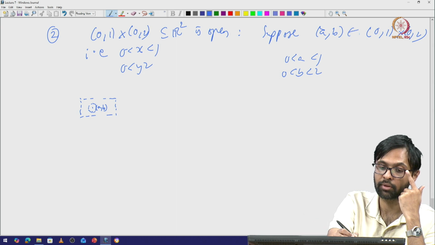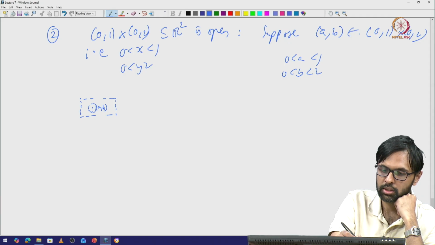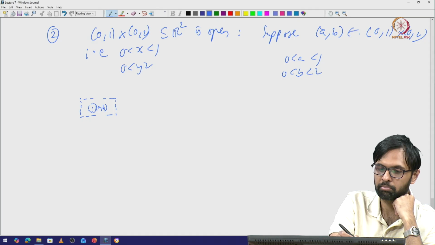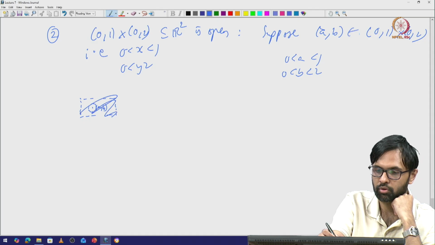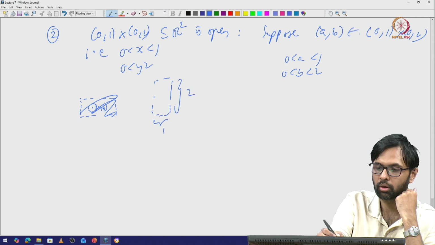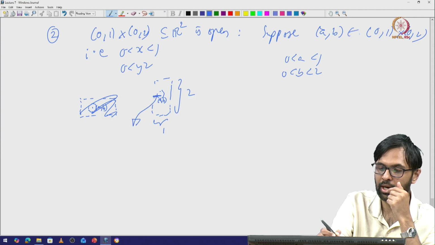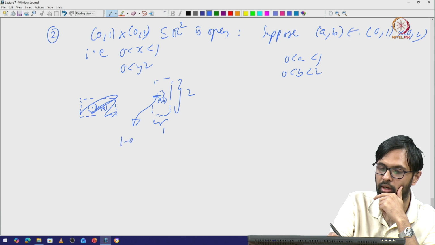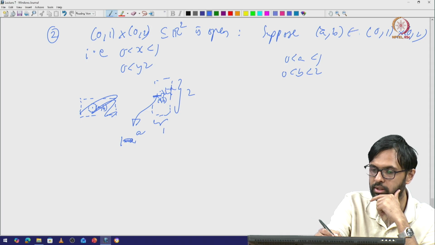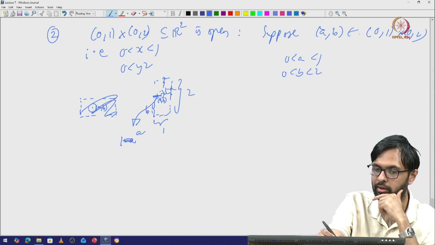Then we need to come up with a small ball around (a, b) which lies entirely within this rectangle. How large can the radius of that ball be? Sorry, the picture was probably a bit misleading. Maybe I should have drawn it like this, with the vertical direction larger than the horizontal one. Nonetheless, the point is the radius of the ball. This distance is a, this distance is 1 minus a, likewise this is b and this is 2 minus b.